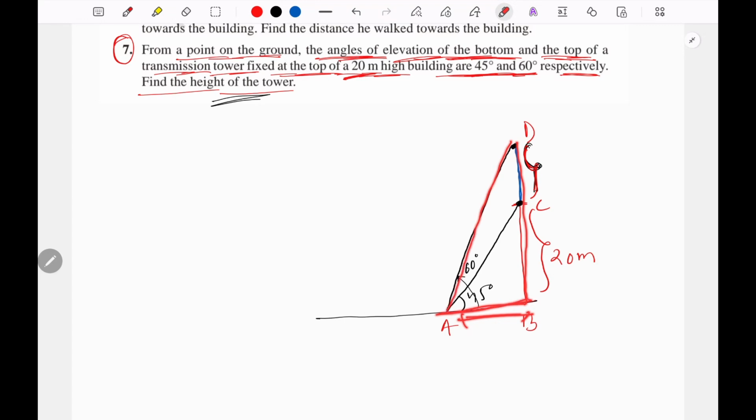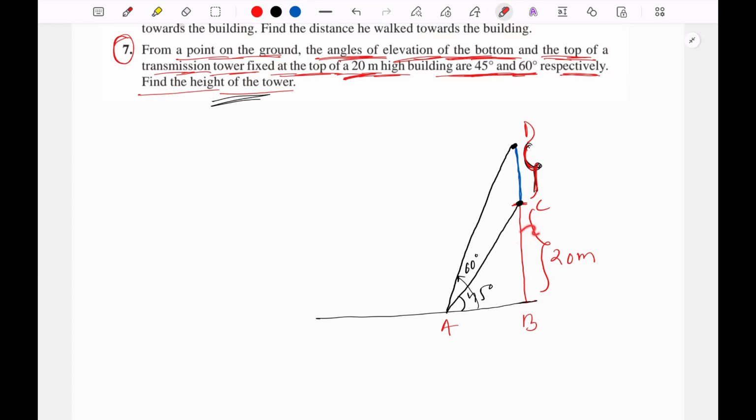From this triangle we know the value of AB, and then we will find this BD. So we will find this total length. From this total length, if you subtract this 20, then we will get this CD length. So I hope you understand this very easy concept.